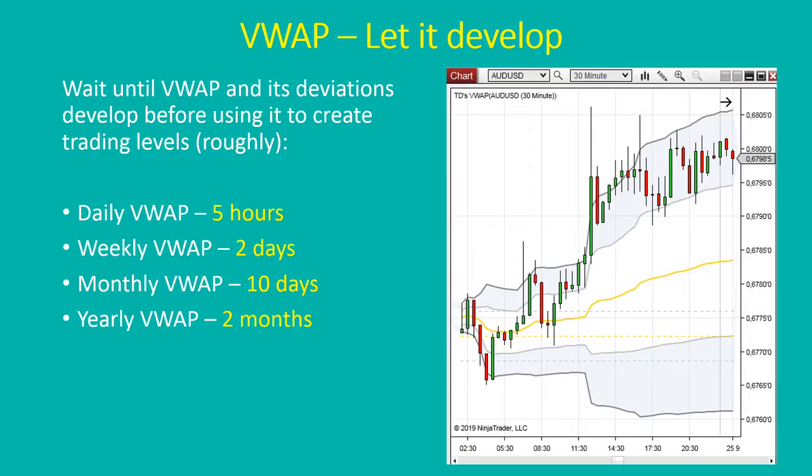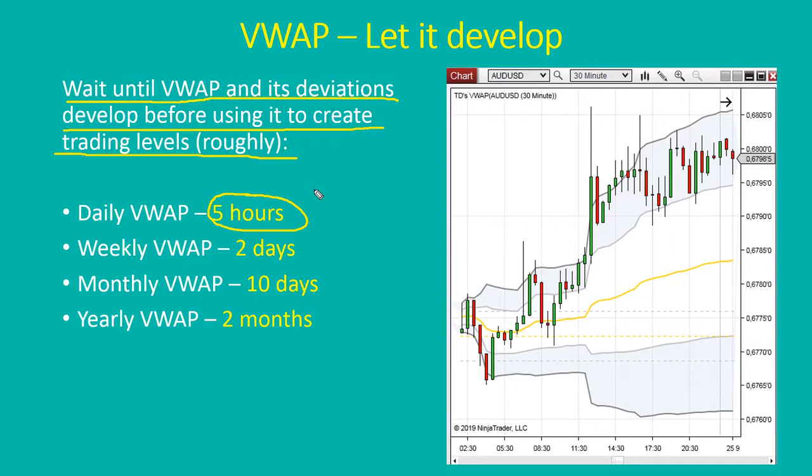Now, a very important thing with VWAP is that you need to give it some time to develop. You need to wait until VWAP and its deviations develop before using it to create your trading levels. So roughly, with daily VWAP, you need to wait 5 hours before you start using it.